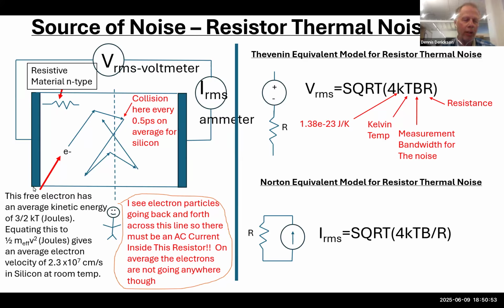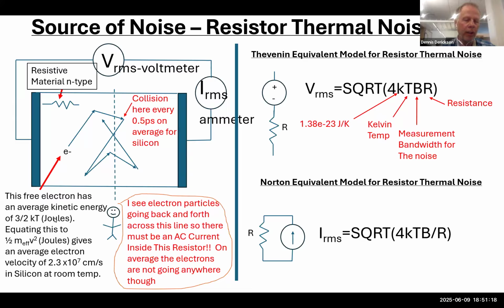So what we can do is a calculation from physics that the kinetic energy of an electron in an electron gas inside this substrate, this resistor, is 3/2 times kT. k is 1.38 times 10 to the minus 23 joules per kelvin, and temperature is measured in Kelvin.